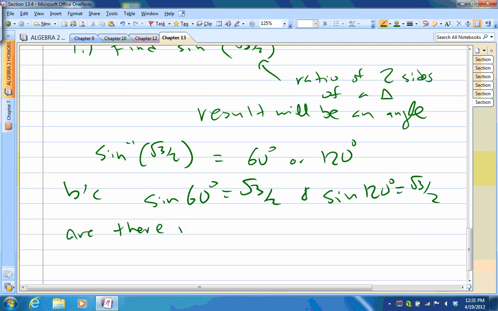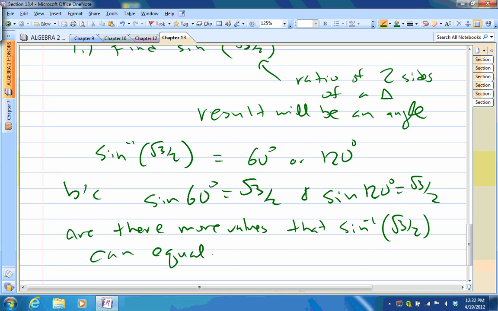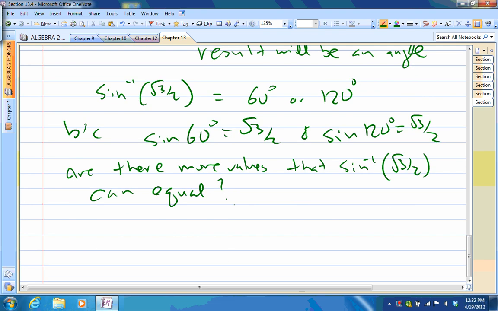Are there more values that inverse sine of root 3/2 can equal? Think about it. Are there more values? The answer is yes.